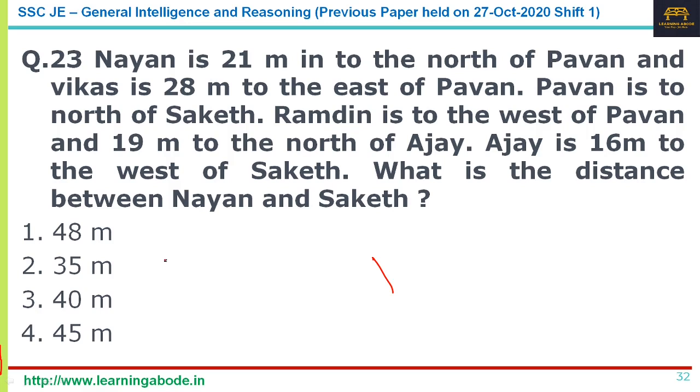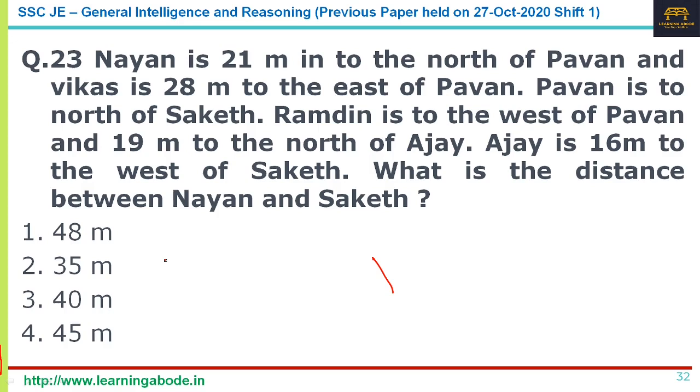First we'll draw the guideline: north, south, east, and west. Nine is 21 meters north of Pavan, and Vikas is 28 meters east of Pavan.